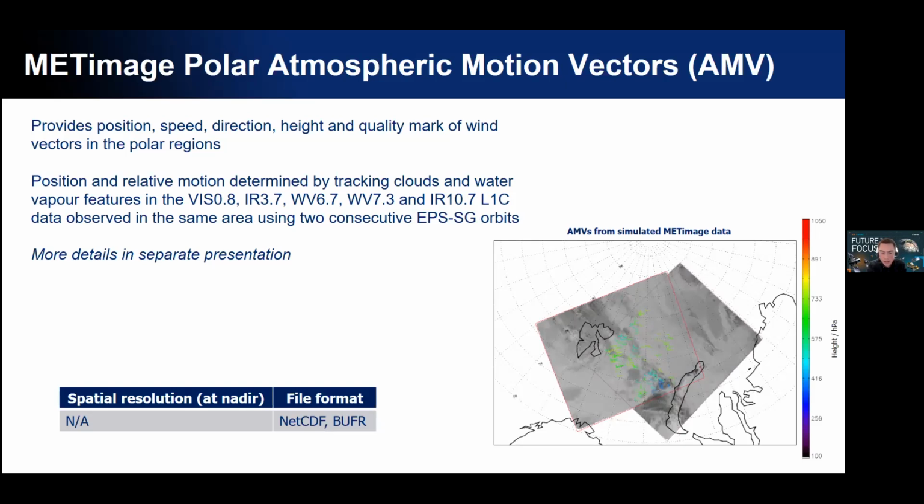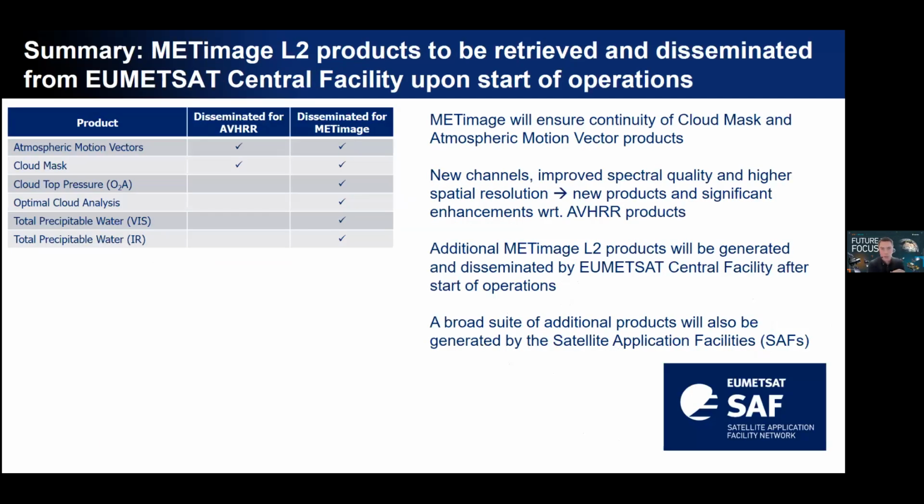And then we can, again, track features in those images and derive information on wind vectors. And also here, Regis will give more information, but it's also provided in NetCDF and BUFR format. And also here I have a similar table for reference, what is disseminated from EUMETSAT for AVHRR and what will be disseminated from METimage.